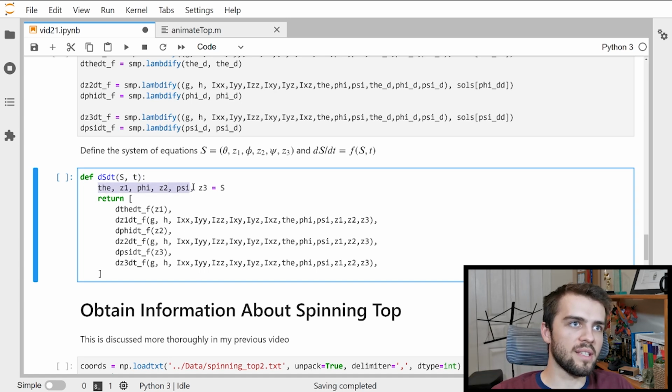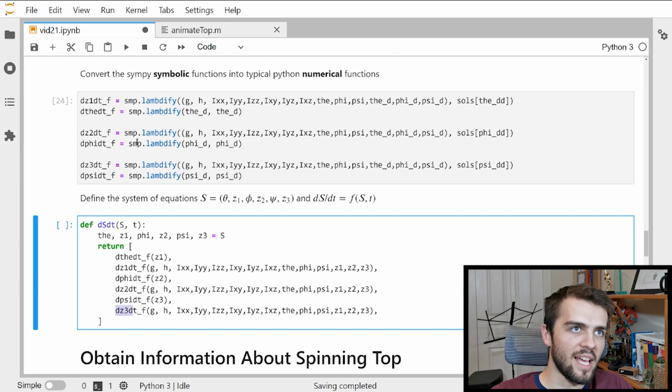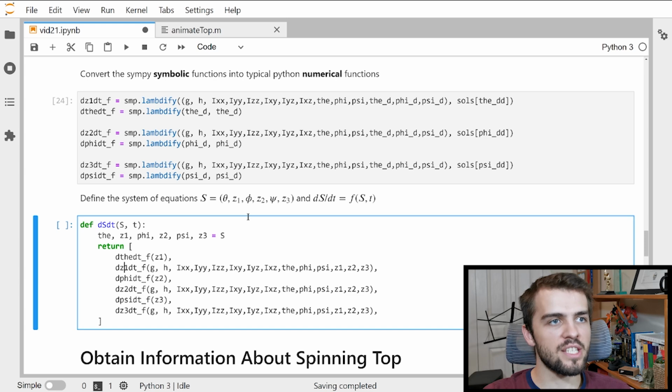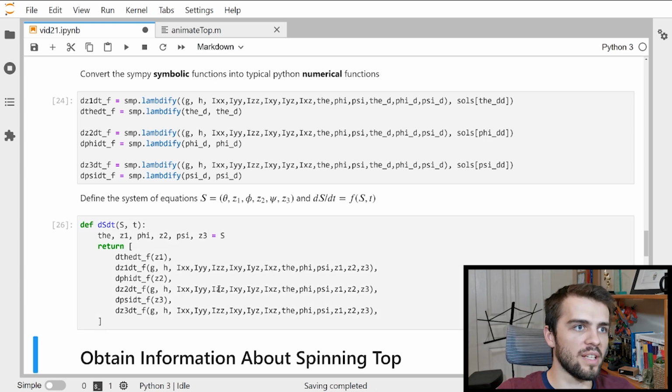First I extract the things from the vector itself, and I return d theta dt, dz1 dt, d phi dt, dz2 dt, d psi dt, and dz3 dt, using these lambdify functions that I have above. And of course, this is what ds dt is: d dt of theta, so d theta dt, dz1 dt, d phi dt. So this is an easy way of setting up the differential equation. So I define this function.